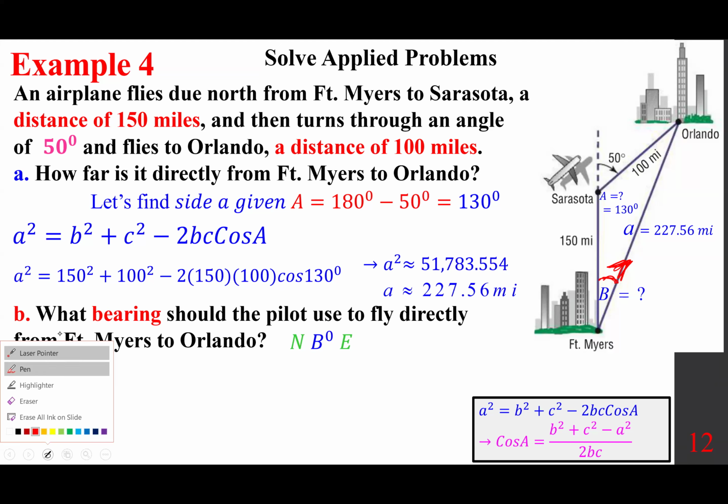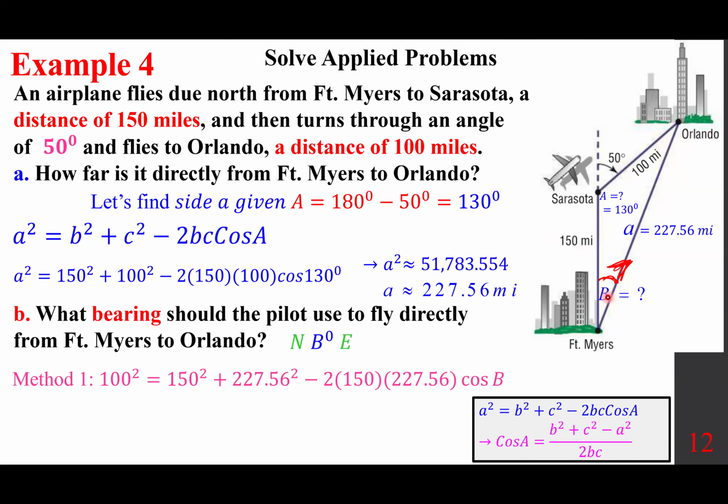This angle B is between the 150 and the 227.56 miles, so the opposite side is 100. 100 squared equals 150 squared plus 227.56 squared minus 2 times 150 times 227.56 times cosine of the included angle, cosine B. You go through the process and find cosine B. I'll give you the answer, but all you have to do is plug it in.